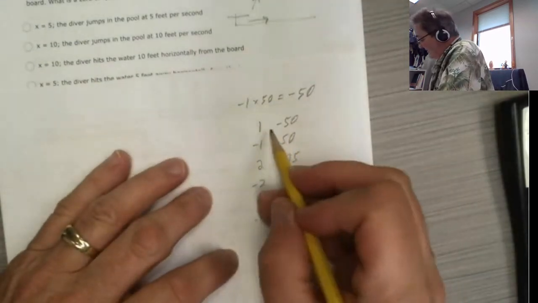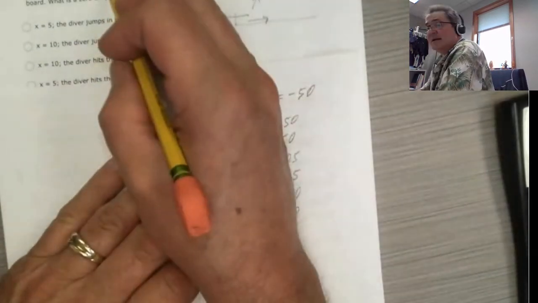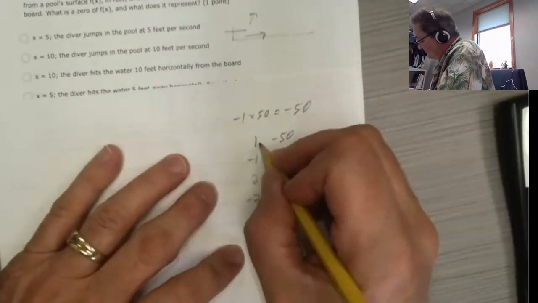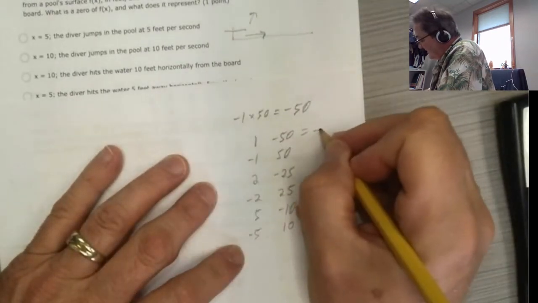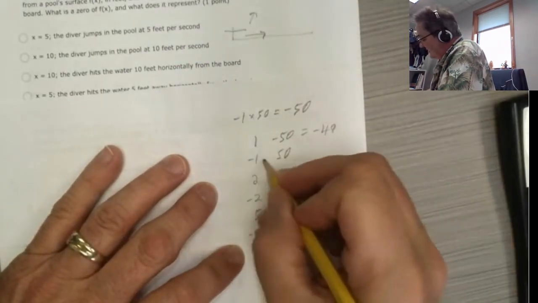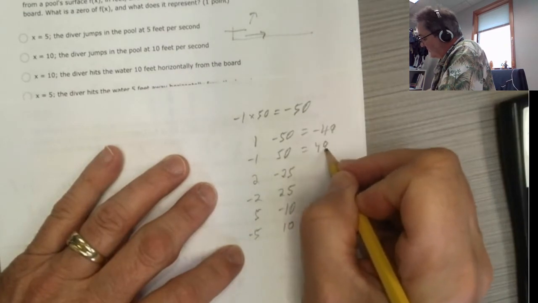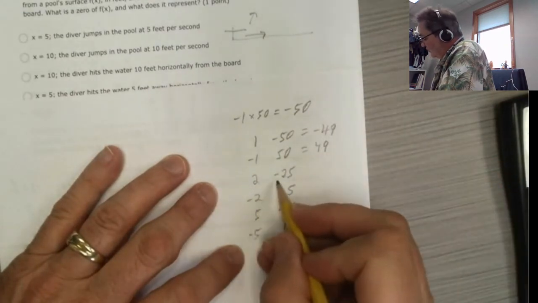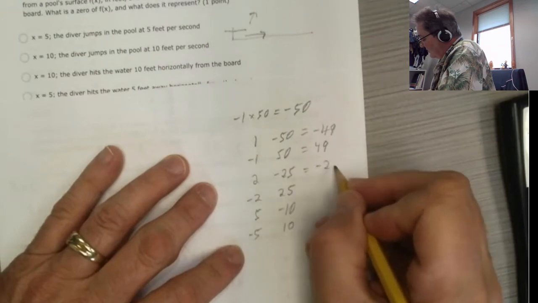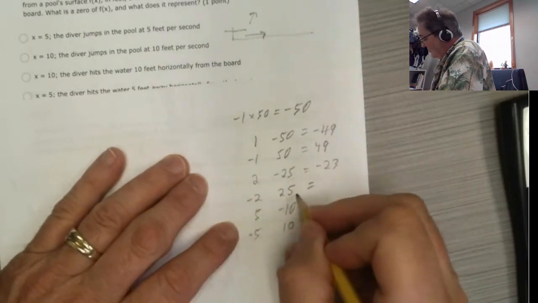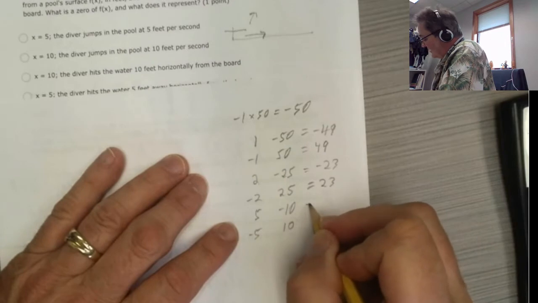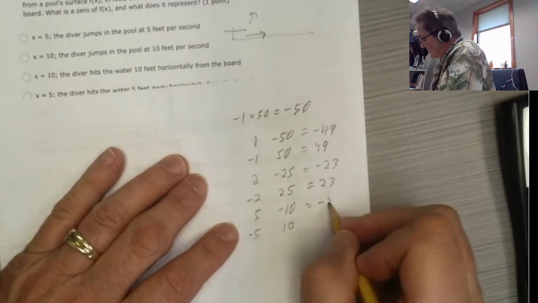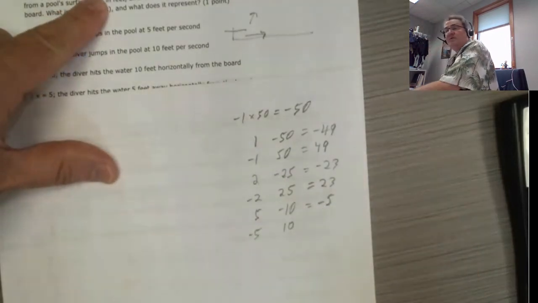So let's see, if we add these together, do any of those get us to that negative 5x? Add those together, you get negative 49. Add these together, you get positive 49. 2 plus negative 25 is negative 23. Negative 2 and positive 25 is positive 23. 5 and negative 10 is negative 5. Hey, that's what we're looking for.